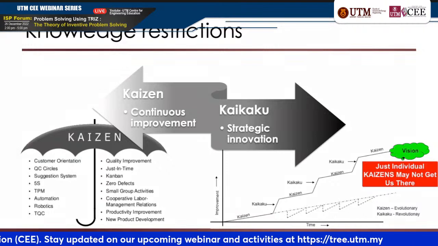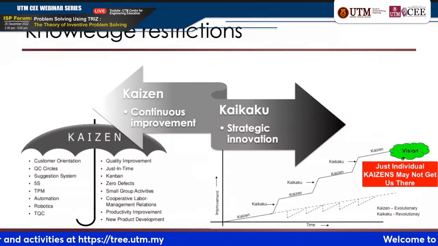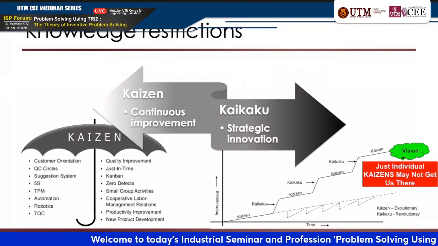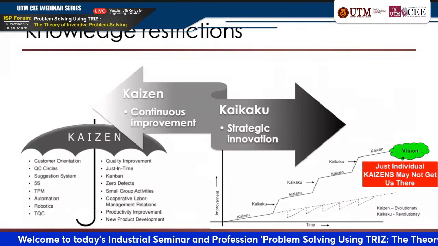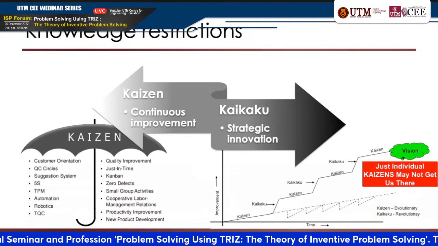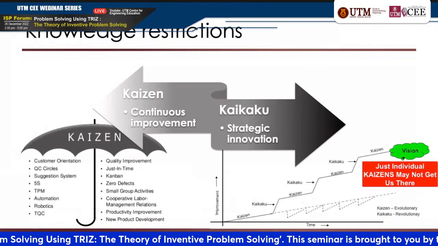The second part of innovation is Kaikaku. Kaikaku is another concept in problem solving that uses strategic innovation. While continuous improvement works at the incremental level, Kaikaku works with a disruptive kind of approach.